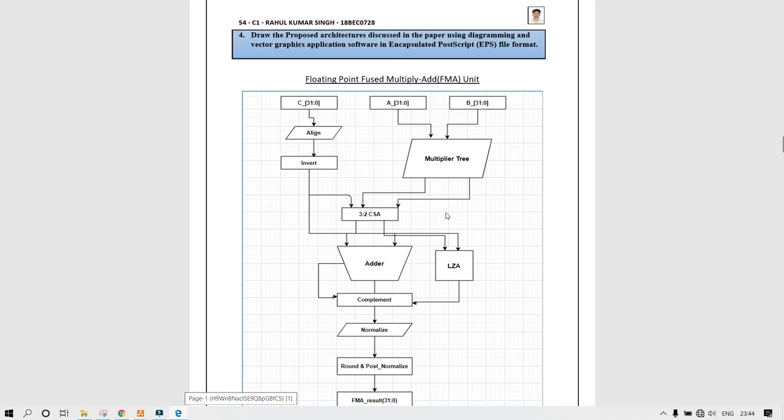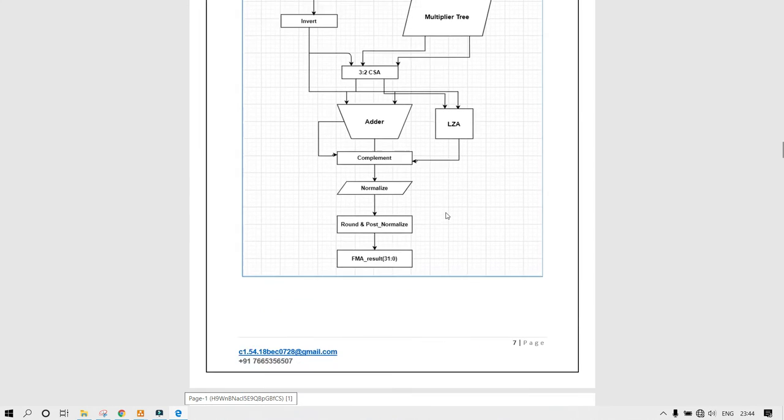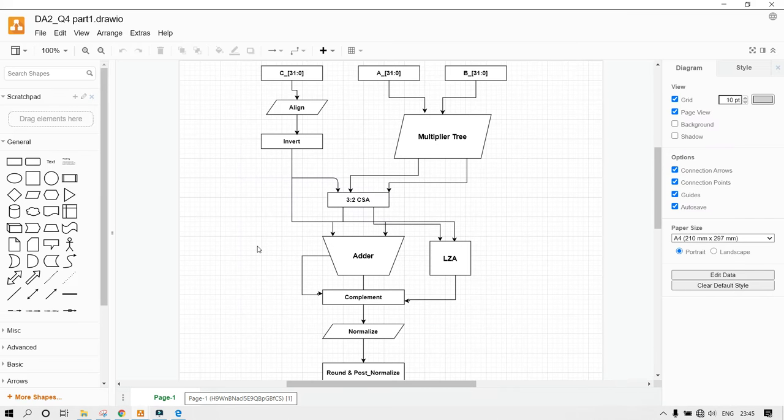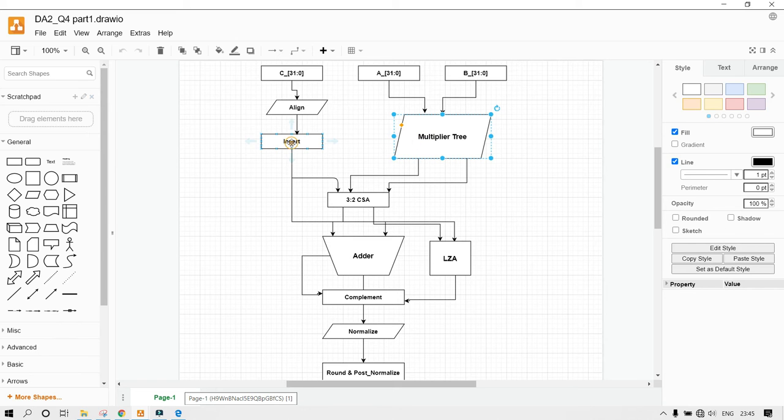There are two proposed architectures discussed in the paper. The first one is the floating point fused multiply add unit, also called the FMA unit, and the second one is the floating point fused dot product unit, which is also called FTP. For verification purpose, we can see the diagram has been drawn in draw.io.